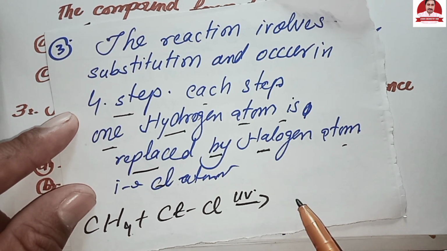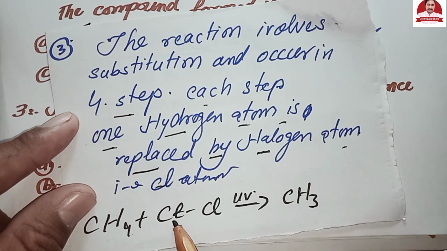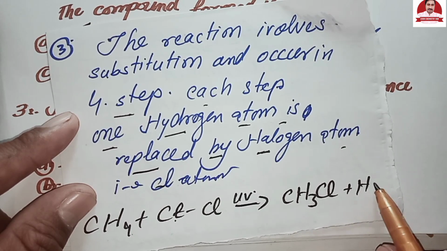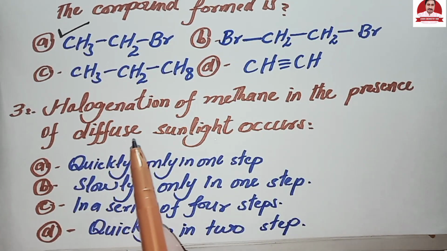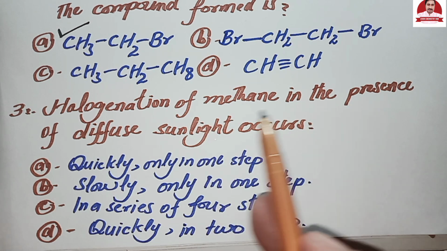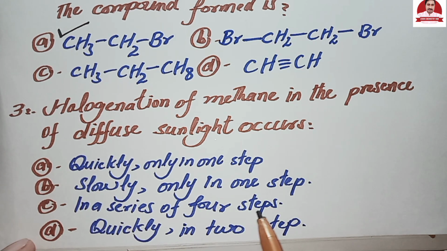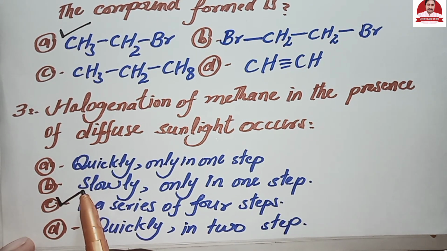So in each step one hydrogen atom is removed and one chlorine atom is added. So in the halogenation of methane in the presence of diffuse sunlight, it occurs in a series of 4 steps. So the option C is correct.